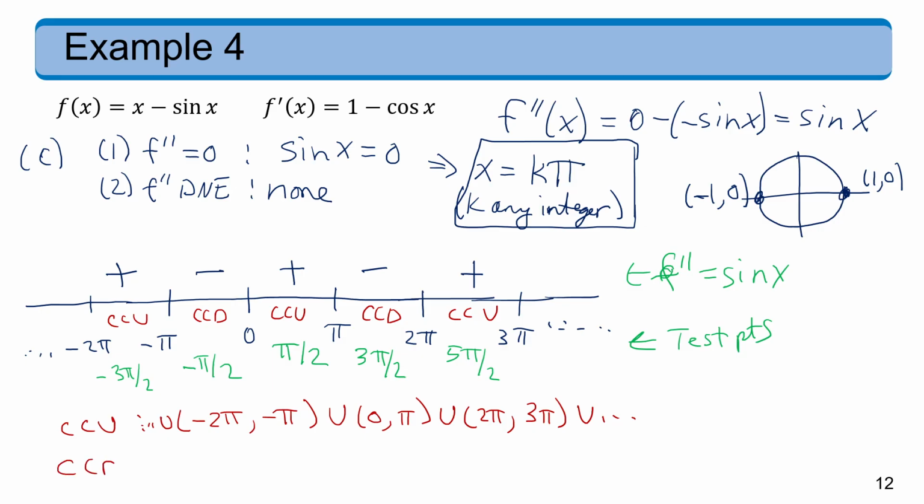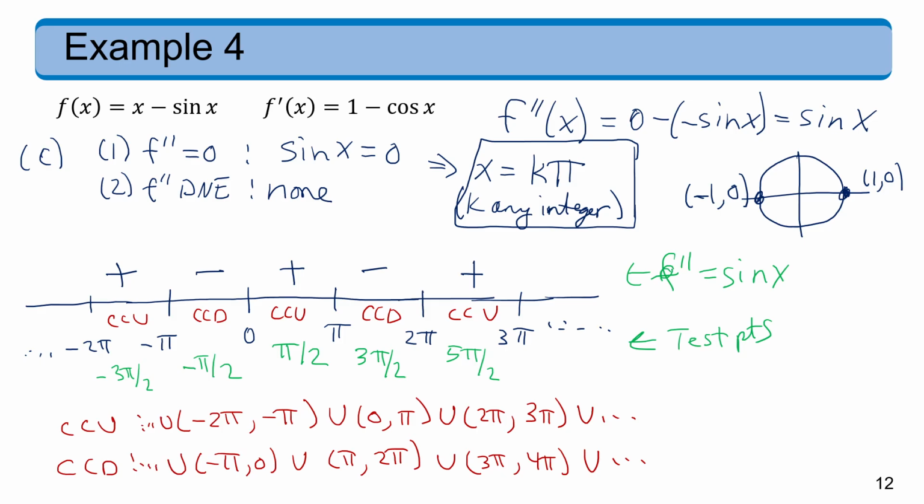Concave down, the first one we listed was negative pi to 0. And then there's another one at pi to 2 pi. Right, if we want to include one more, we didn't write it here, but you can figure out the next one would be concave down, and it would go 3 pi to 4 pi. And then we'll just note that it continues on in both directions.